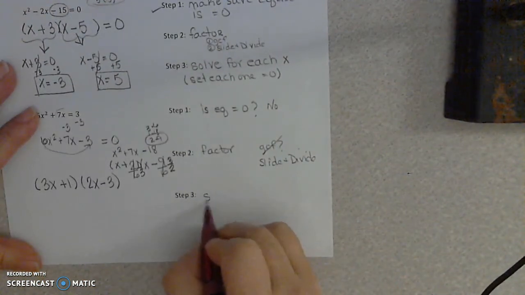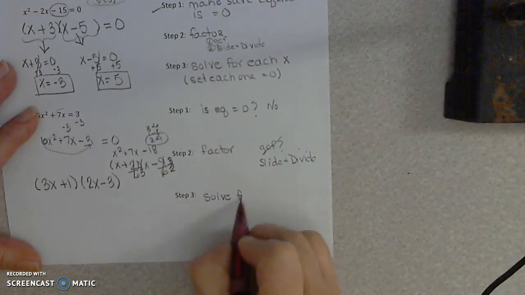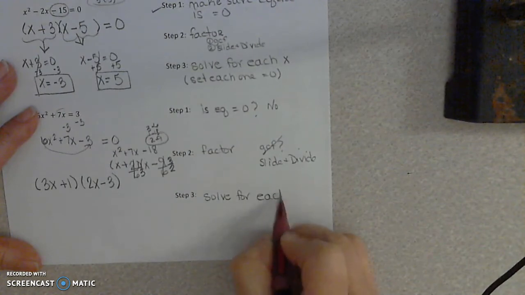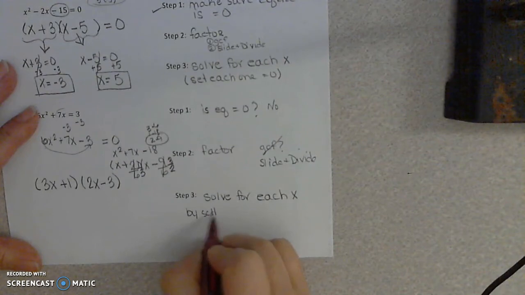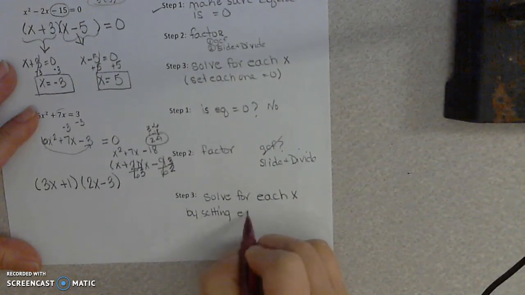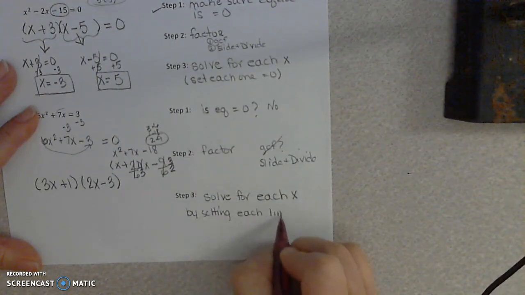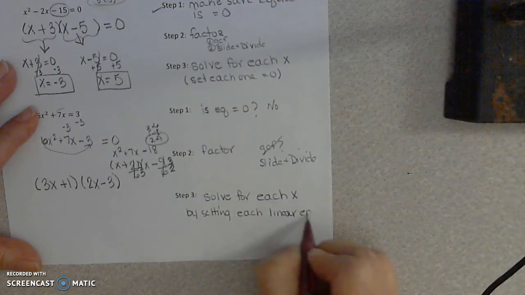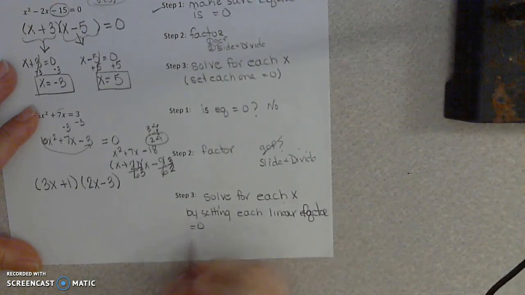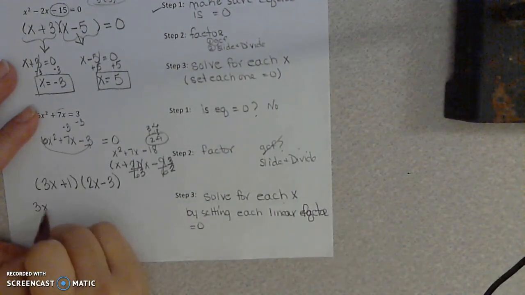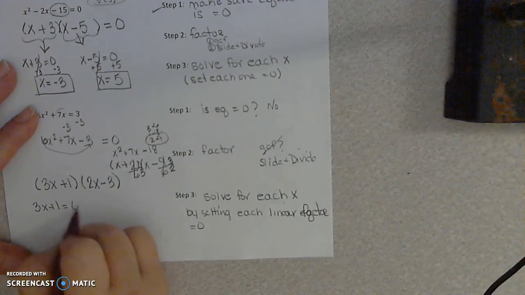Step 3, solve for each x by setting each linear factor equal to 0. That's what they really are. So set 3x plus 1 equal to 0.